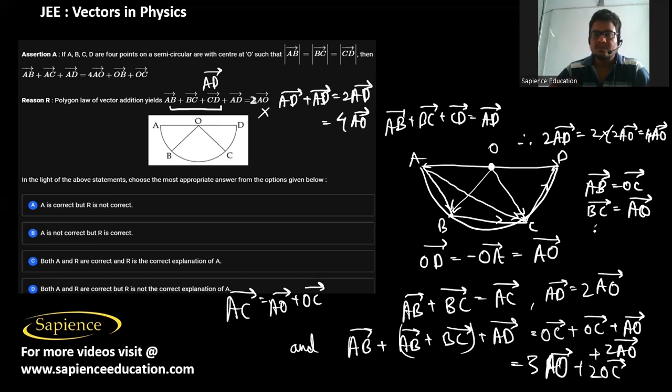Also OB plus BC means OB plus AO that will be equal to OC. So from here, this one we can also write.